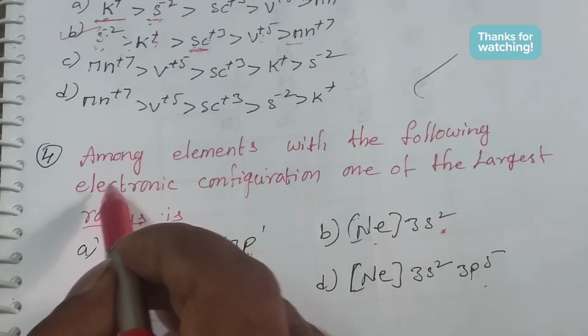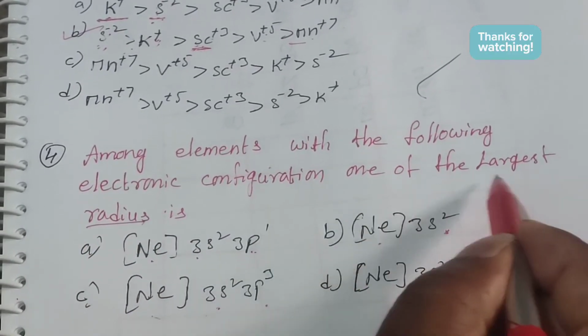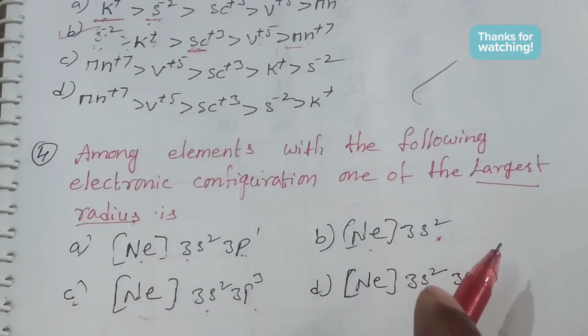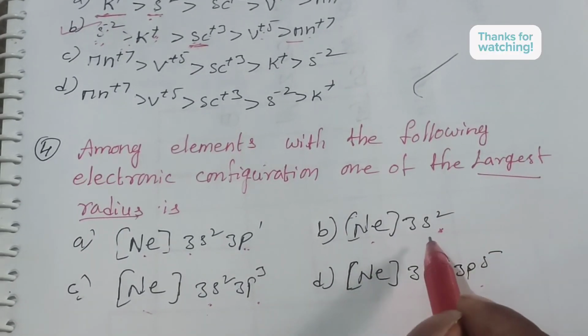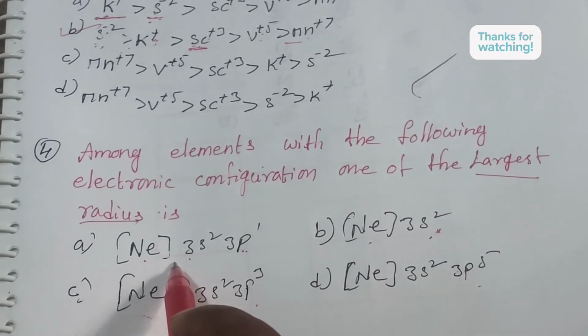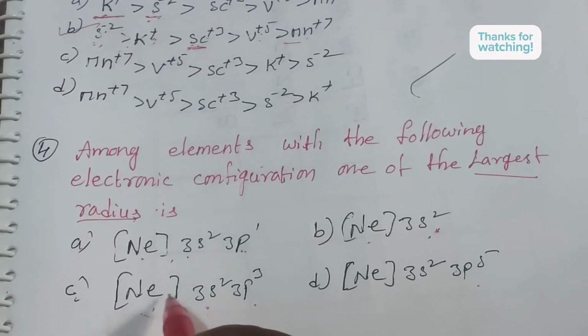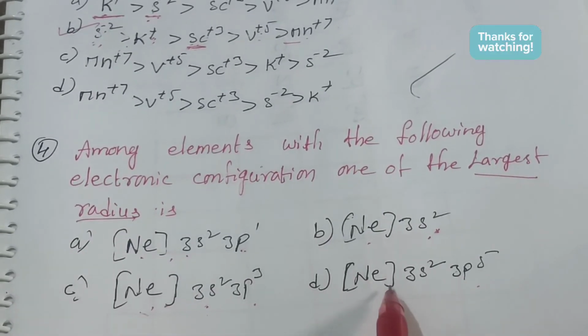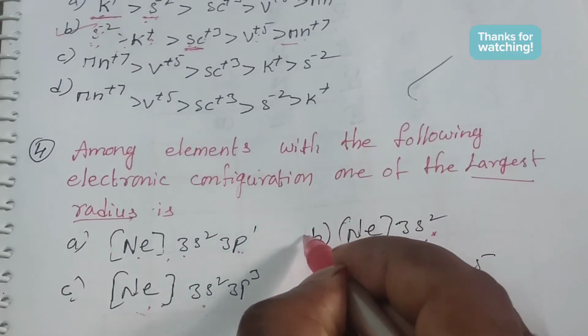What they are asking is which electronic configuration has the largest radius. The first is the alkaline earth metal, which has the largest size, then aluminum, then phosphorus, then the halogen. So option B is correct.